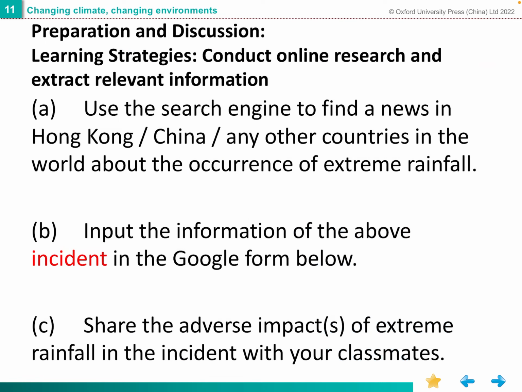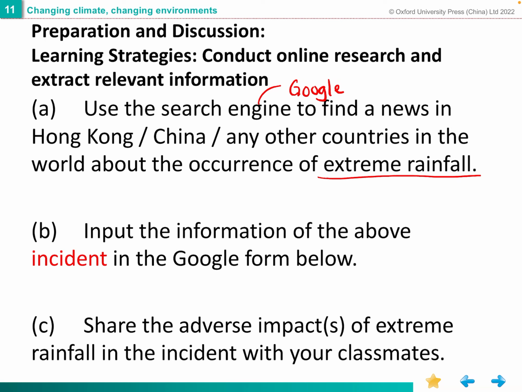Your task is to use any search engine, the easiest one, Google, your good friend Google. Find news in Hong Kong, China, or any country in the world that has extreme rainfall, heavy rainfall in the past. You can search for heavy rainstorm, maybe adding a place name.